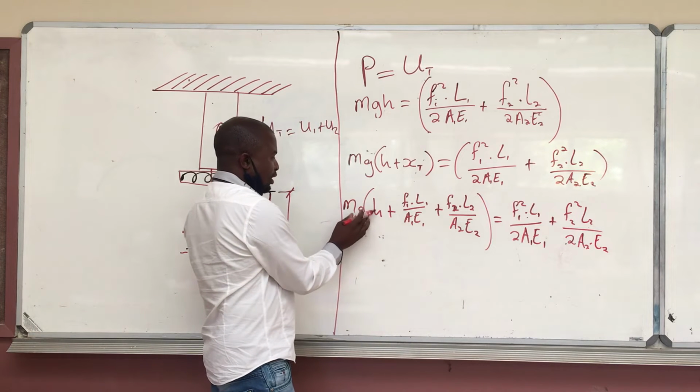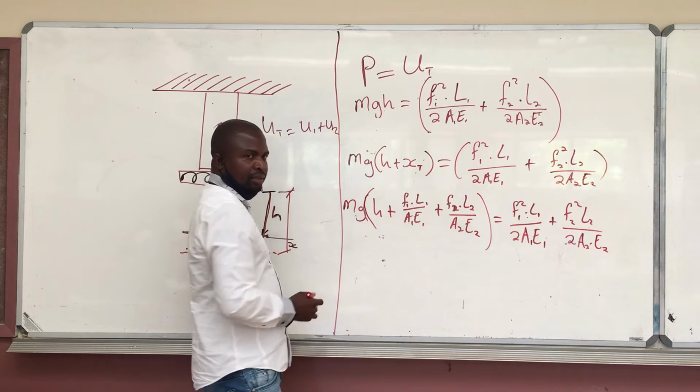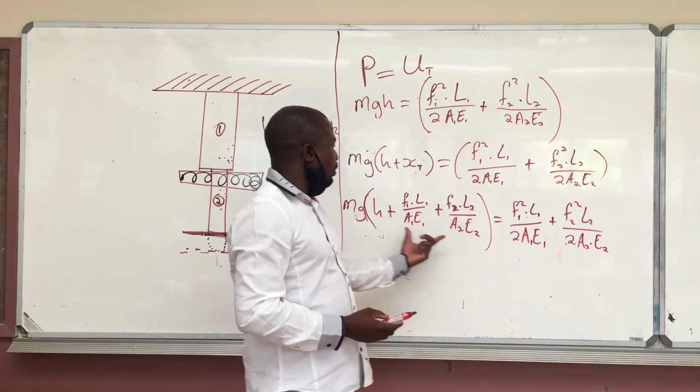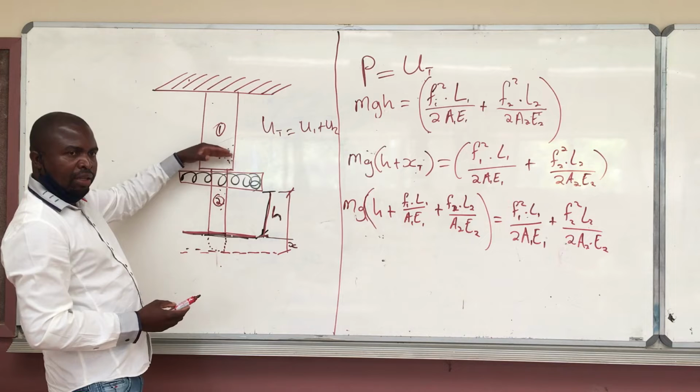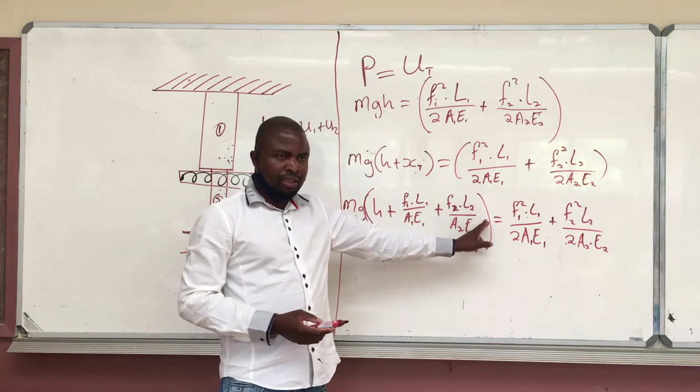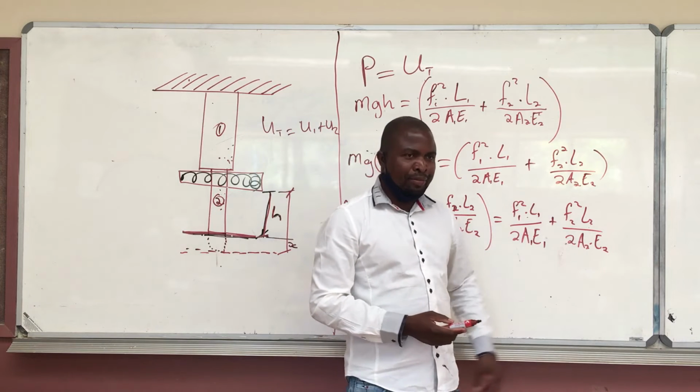Is there anyone who did not understand this formula? So here, it will depend on how many rods you have. If you have 3 rods, this side will add up until 3, and also this side will add up until 3.